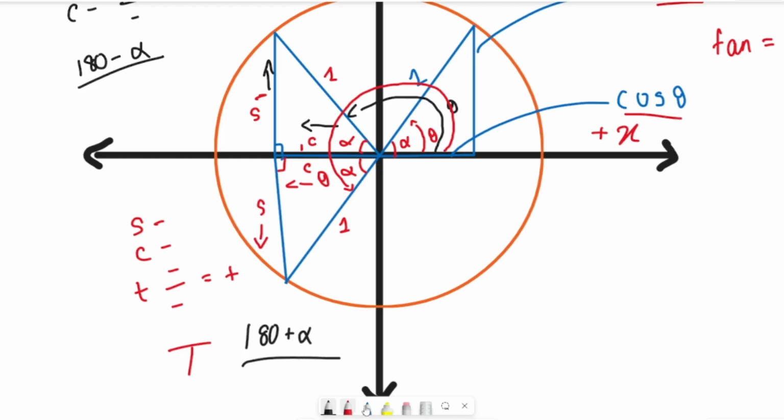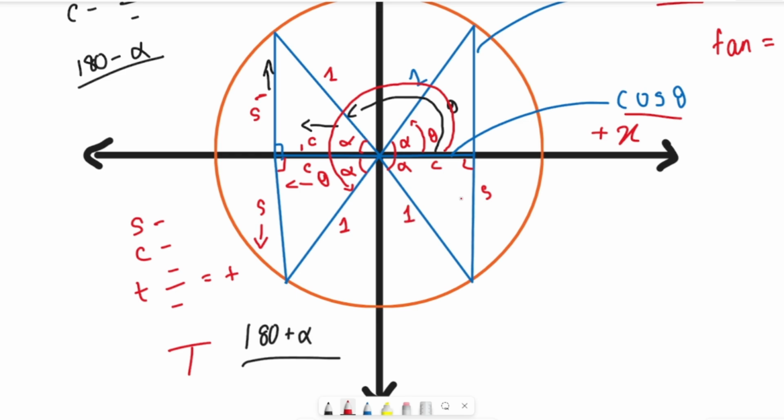And for the fourth quadrant, we do the exact same thing. We start off with the hypotenuse. We draw the opposite. We mark the angles. This is the basic angle. This is 90 degrees. And this is sine. This is cosine. This is 1.